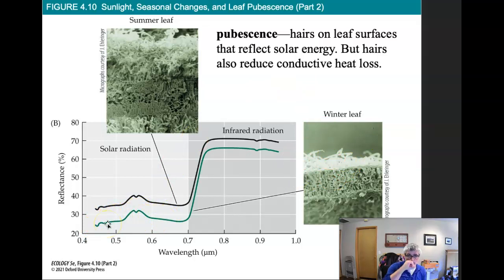It has a lower reflectance. So this is like a seasonal response to, during the summer, not wanting to absorb a lot of energy, trying to stay cool. In the winter, perhaps needing more of that energy, so reducing the amount of pubescence on each leaf. You can follow this as the winter line on the bottom and the summer line on the top.